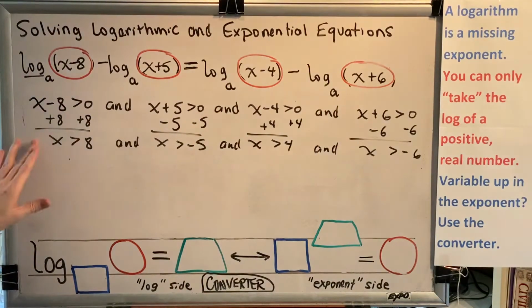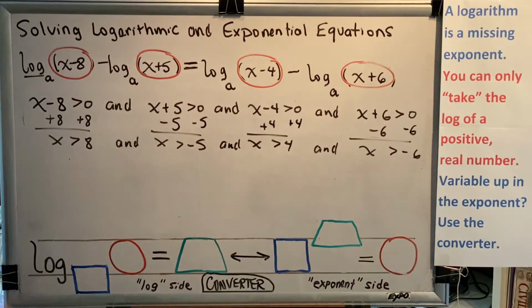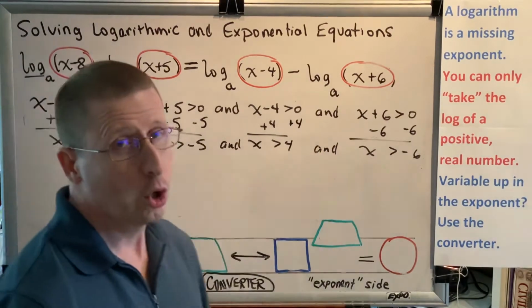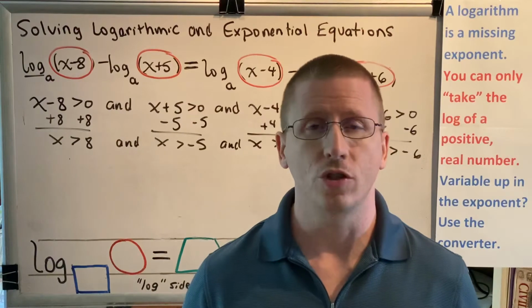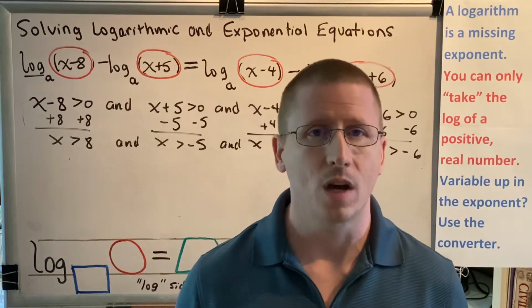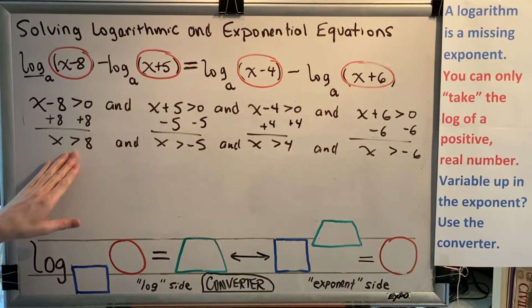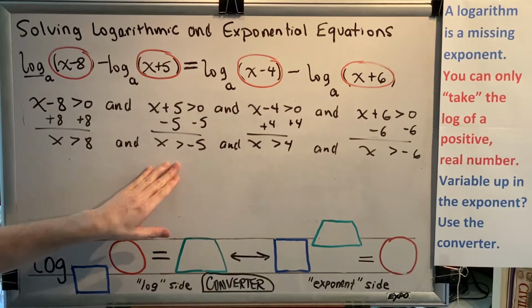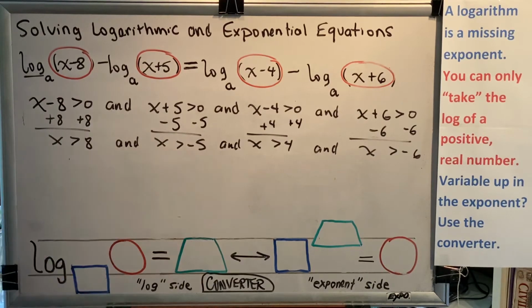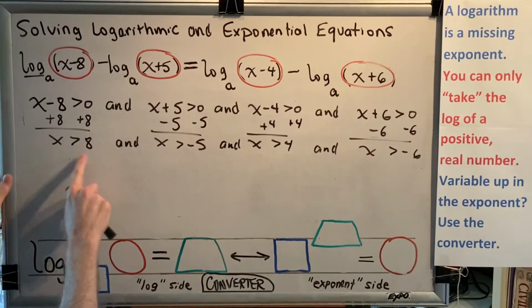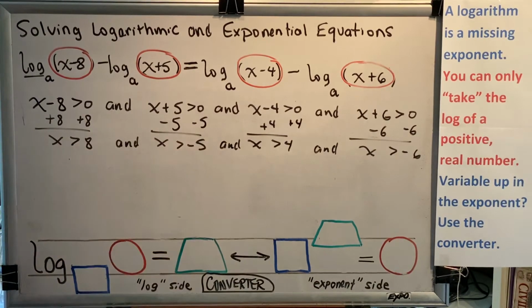This is called a compound inequality. And there are 2 ways to solve this particular compound inequality. Because all of the symbols are facing the same direction, we can use a very logical approach to solve all 4 of them at the same time. For example, if this says you can only use values of x that are greater than 8, and if this says you can only use values of x that are greater than negative 5, then we only need this statement for both of these statements to be true.